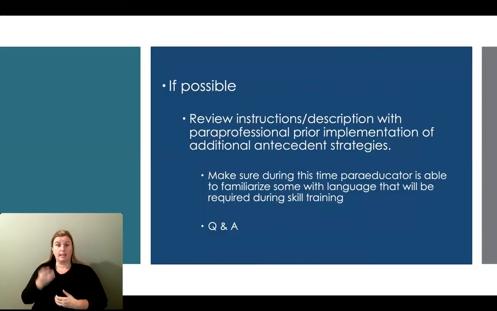If possible, not only provide these kinds of resources to our paraeducators, but also review and describe these instructions and definitions with them prior to implementation of additional antecedent strategies. So sit down with them, go over these specific procedures so that they also have an opportunity to ask questions, perhaps if doubts arise or they have comments or questions regarding specific definitions of target behaviors.